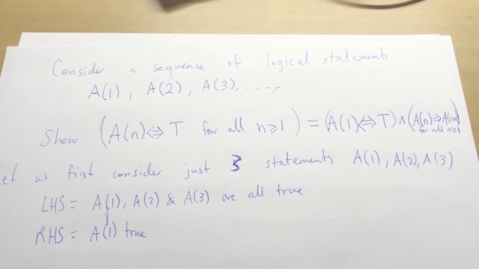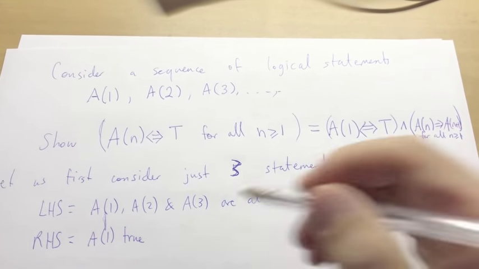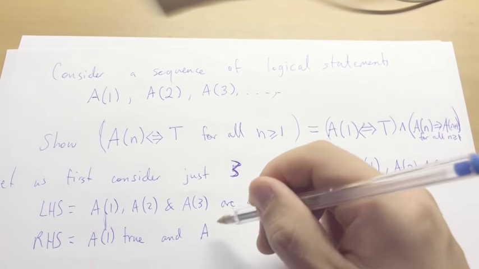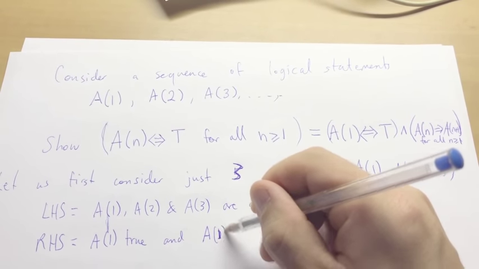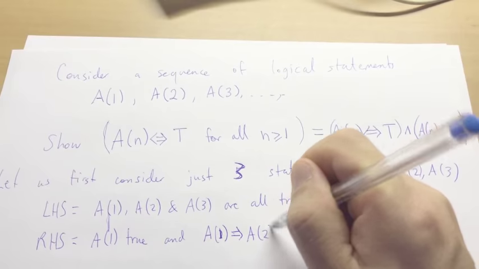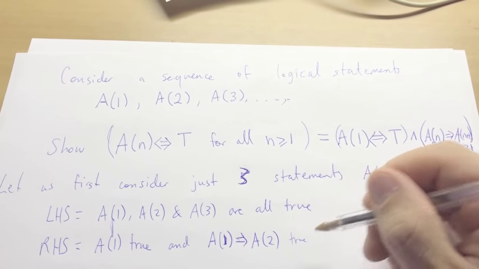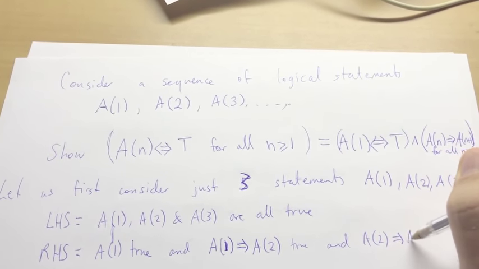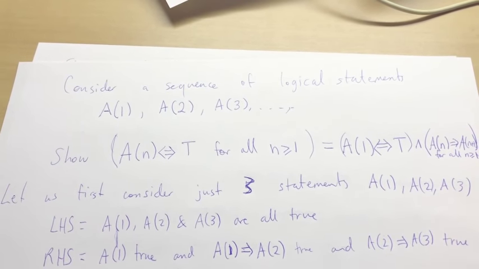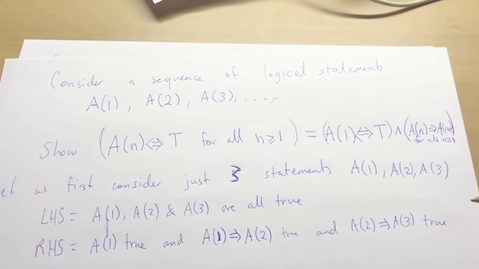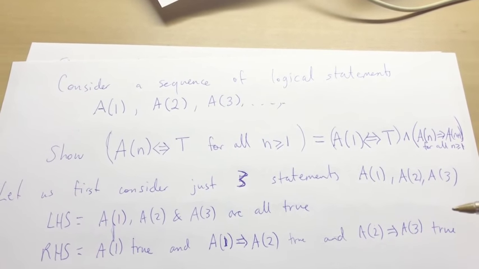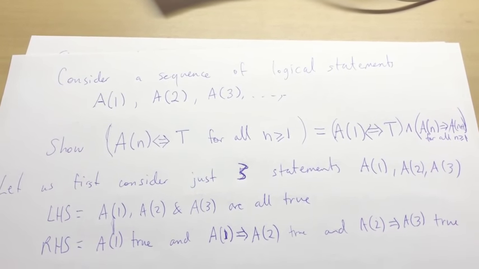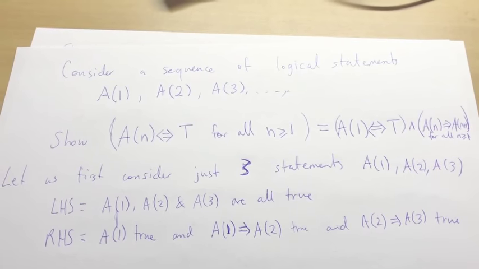But it's also saying that A1 implies A2 is true, and A2 implies A3 is true, and it's also saying A3 implies A4 is true, A4 implies A5, but since we only have 3 statements, let's just say that those are no longer included in the right-hand side.